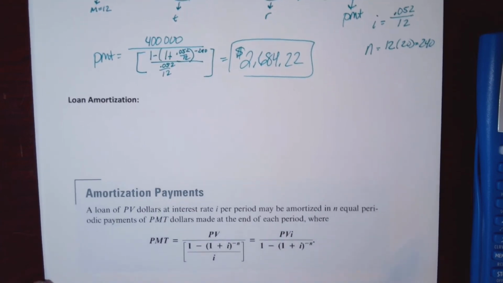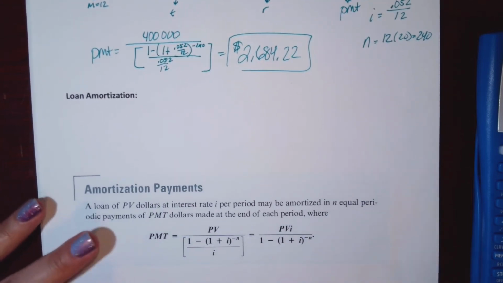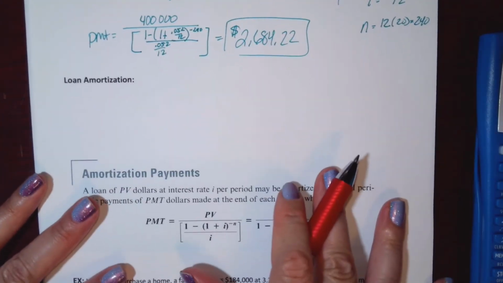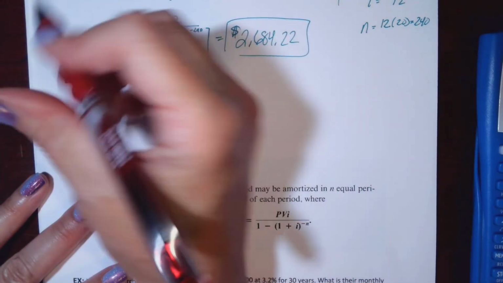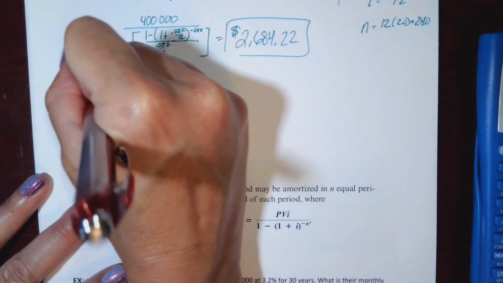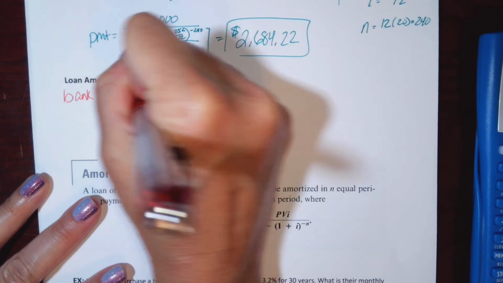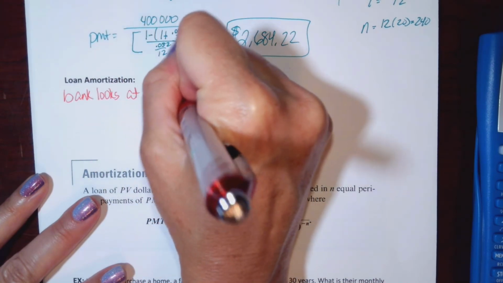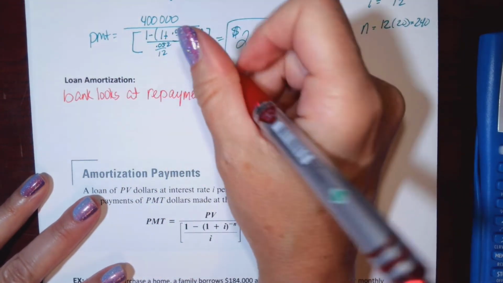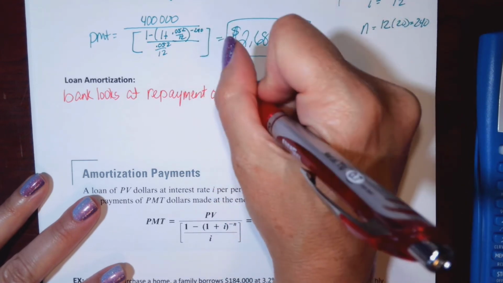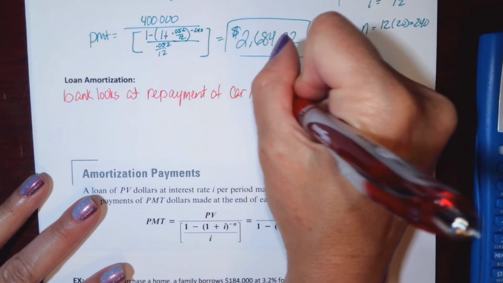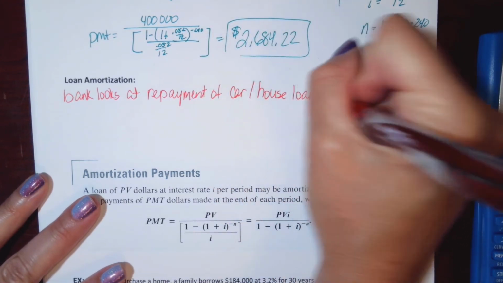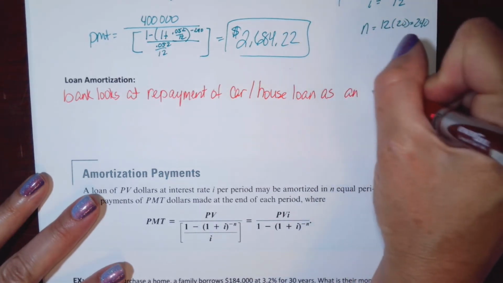All right, loan amortization. So here we go. The bank looks at the repayment of major loans, like a car or a house loan, as an annuity.